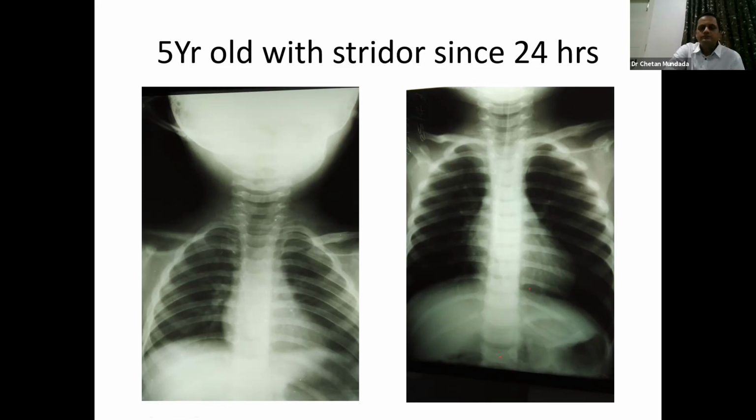So when we saw the child, we had these two X-rays, and from the way the child was breathing and the stridor, it was very much imminent that some upper airway pathology was definitely there. When we put up the X-ray on the view box and started looking at it, because we were focusing on the upper airway problem, in this X-ray also we thought there was some problem, but we were not sure because the exposure was not good.